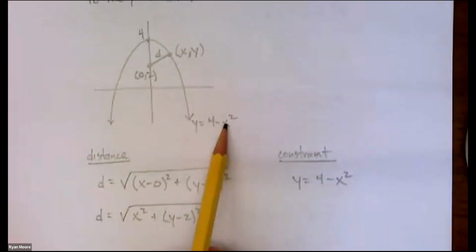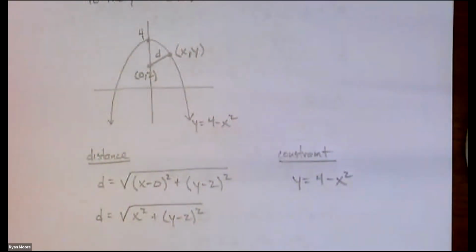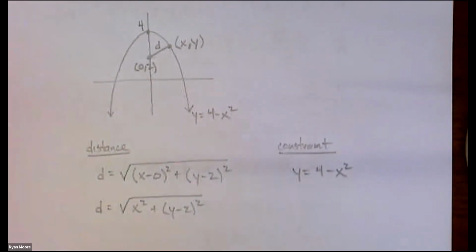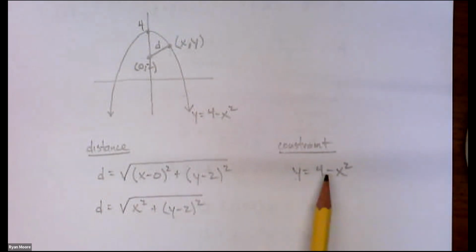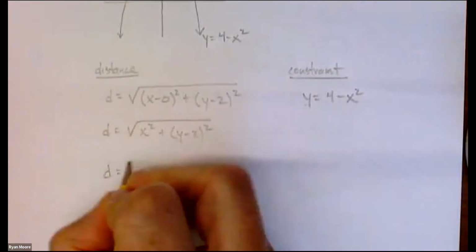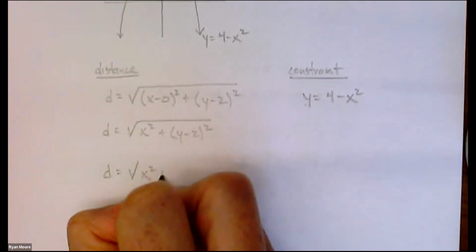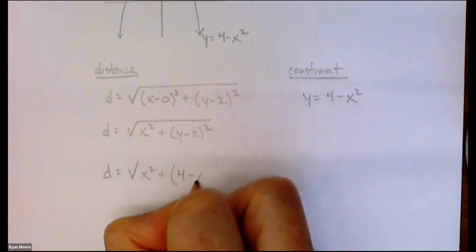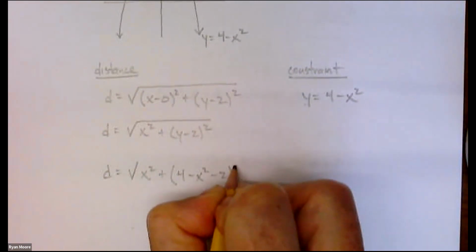Whatever the values of x and y are, they've got to fit y equals 4 minus x squared. Kind of similar to the last example where we knew x and y had to lie on the circle. Okay. And what's also convenient, right? This is already solved for y. So we can take 4 minus x squared and plug it right in. d equals the square root of x squared plus 4 minus x squared minus 2 squared.